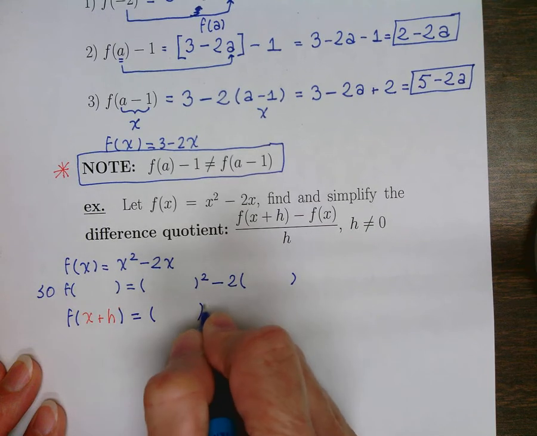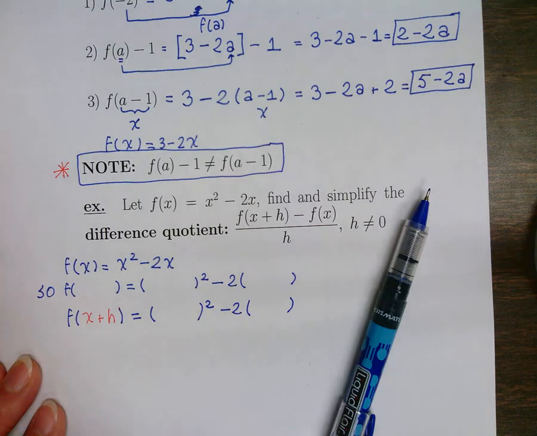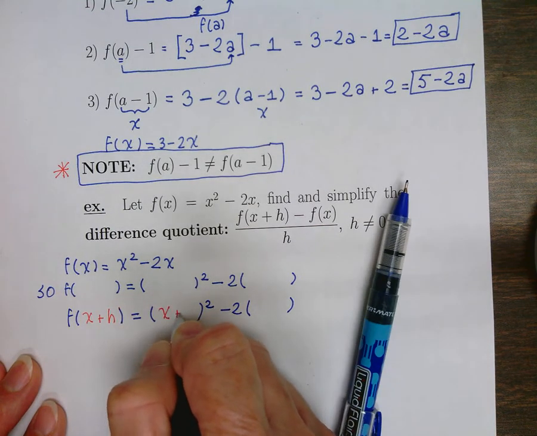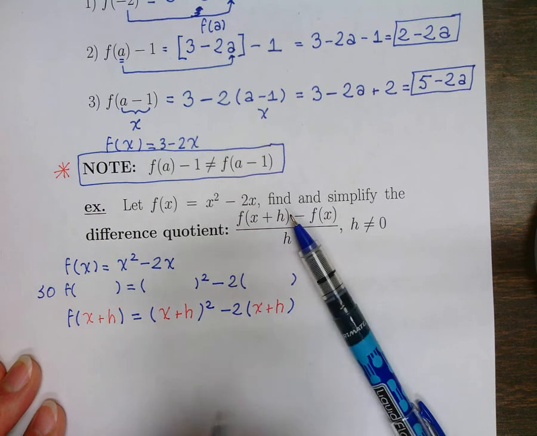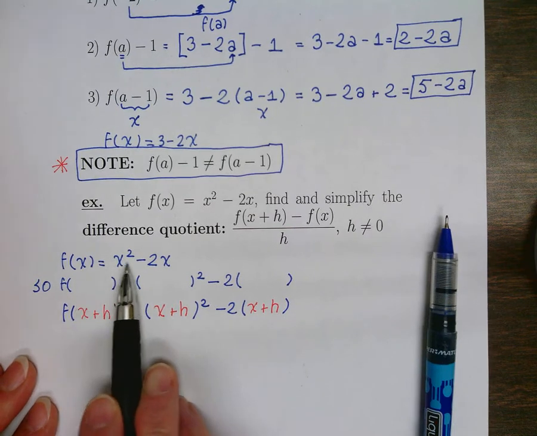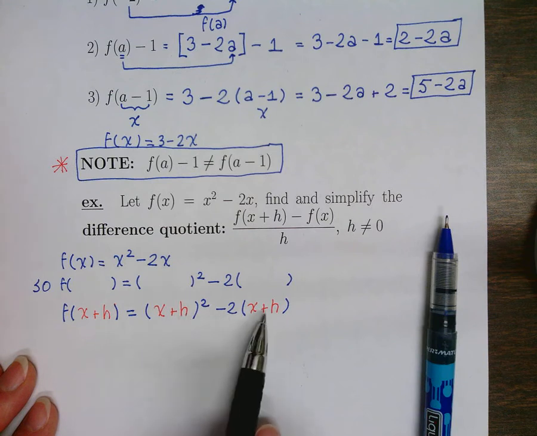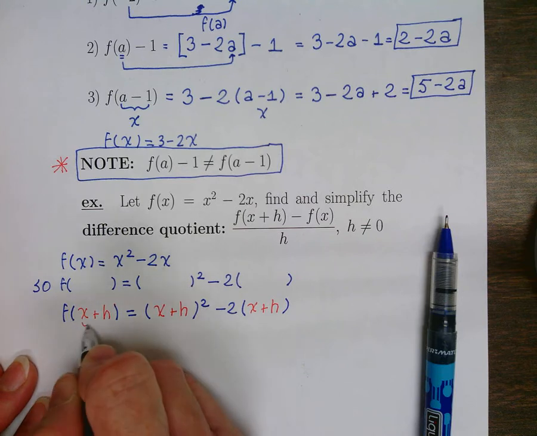And according to our function, wherever I see the x, think of that as a blank, I'm going to replace it with x plus h. Okay, it's a replacement. Wherever I see an x in the original function, I replace it with x plus h in my new function with the argument x plus h.